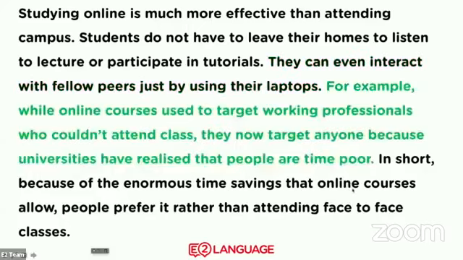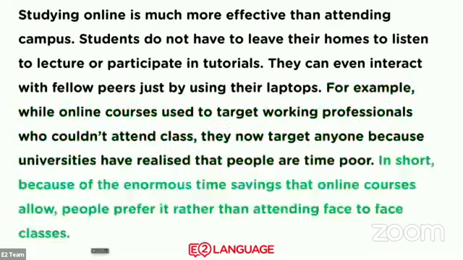For example, while online courses used to target working professionals who couldn't attend class, they now target anyone because universities have realized that people are time poor, again related to convenience. And then I need a closing sentence that refers back to my opening sentence about convenience. In short, because of the enormous time savings that online courses allow, people prefer it rather than attending face-to-face classes.